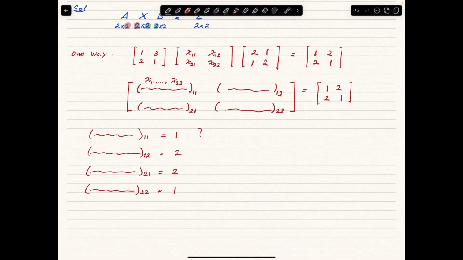So this system can be written as a matrix acting on a variable vector, and our variable vector, recall, now is x11, x12, x21, and x22.